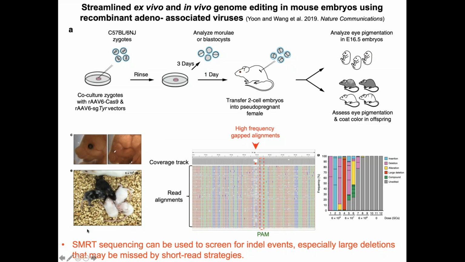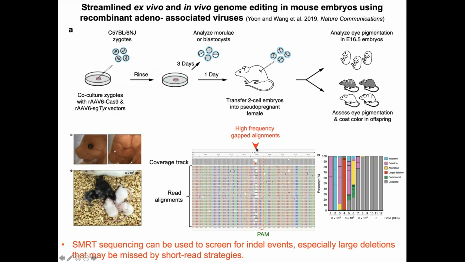As you can see here in these lower panels, there are neonates that have lost eye pigmentation, as well as newborn pups that have lost their coat color. And some of them are even mosaic. This is great to get a good visual assessment for positive gene editing. But if you really want to know the frequency of indel events that are occurring, you really need a high-throughput sequencing methodology.